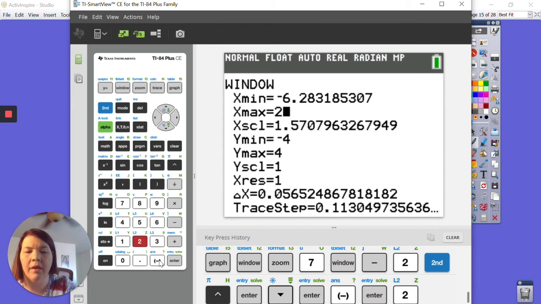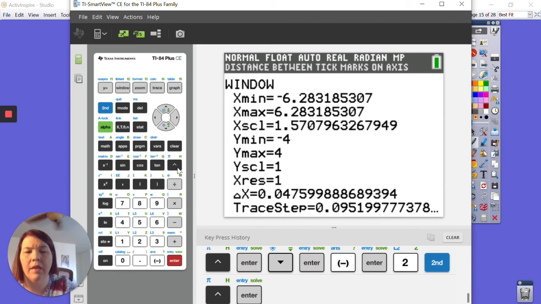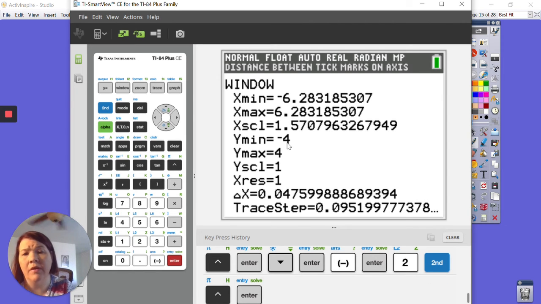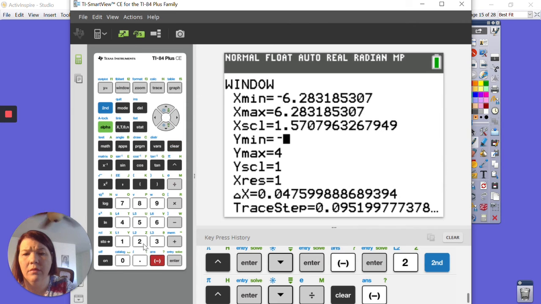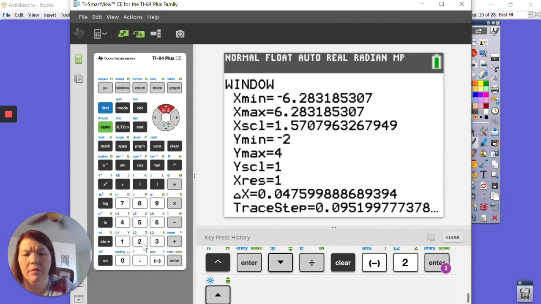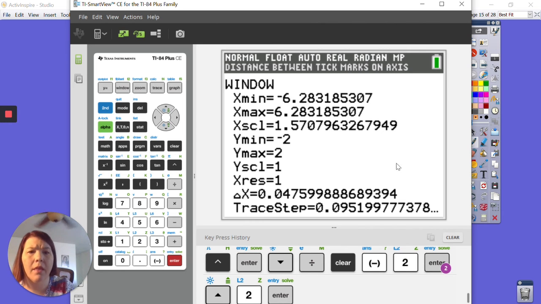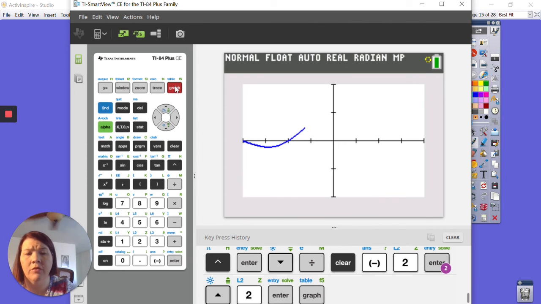And then 2 pi. And it's counting by pi halves. That's fine. And I'm just going from -4 to 4, and I'm just going to go from -2 to 2. Oh, 2. Okay. And then if we look at the graph, it'll draw it again.